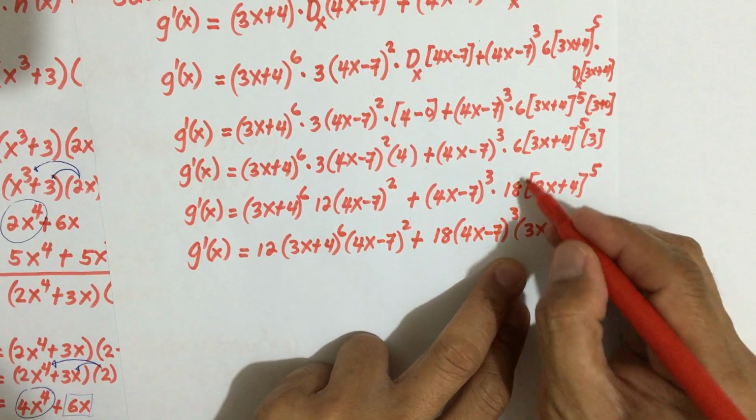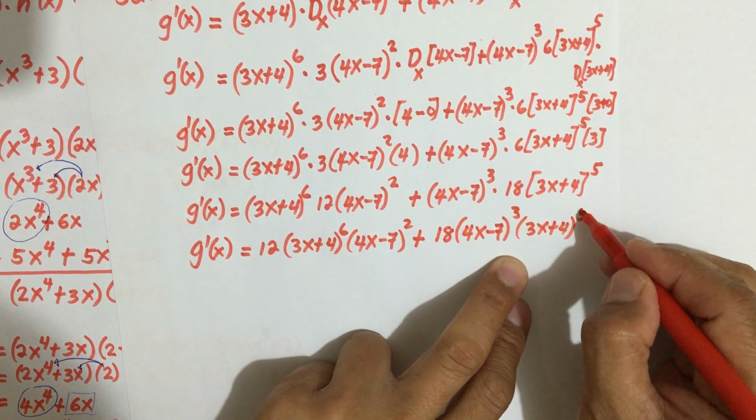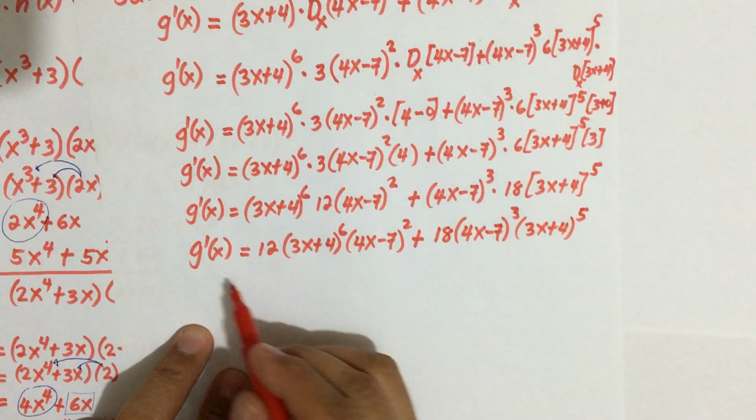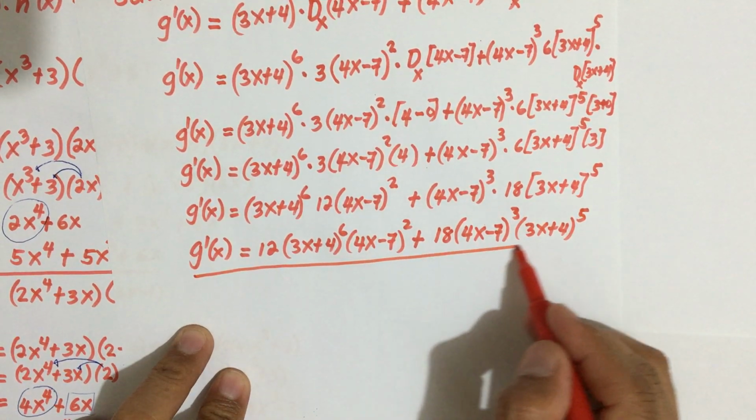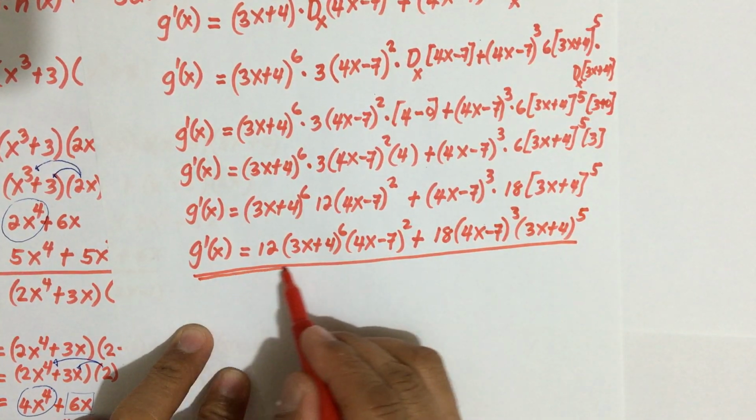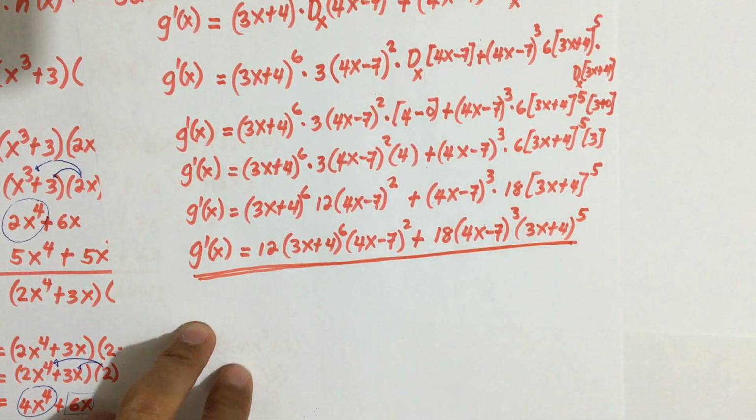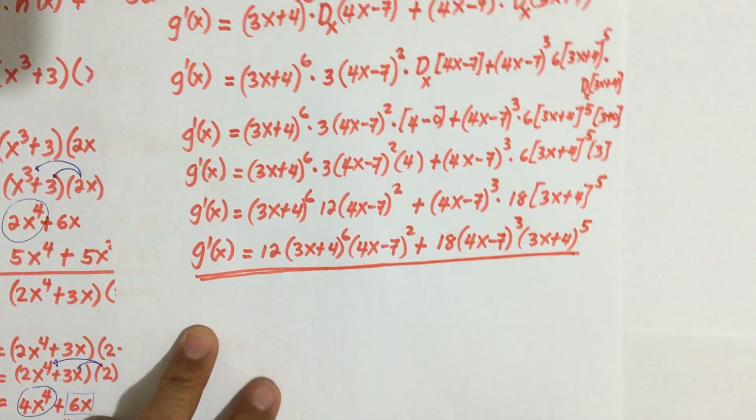You can use parentheses or brackets, that's alright. So this is our derivative of the given product.